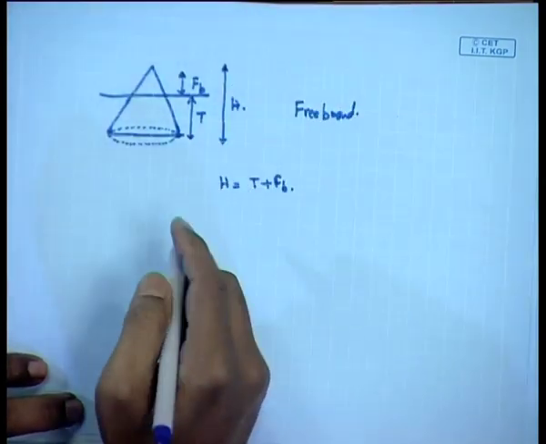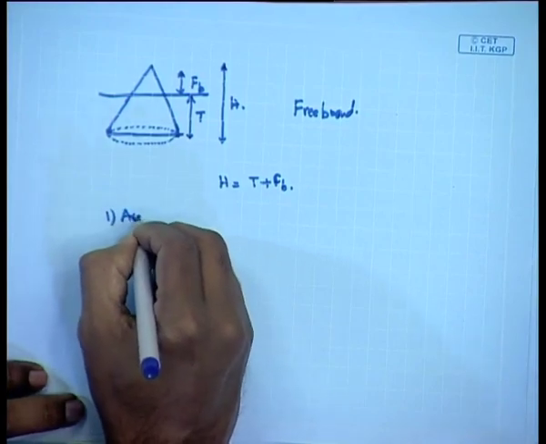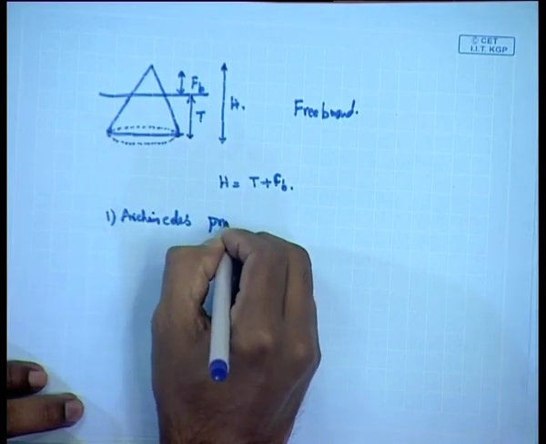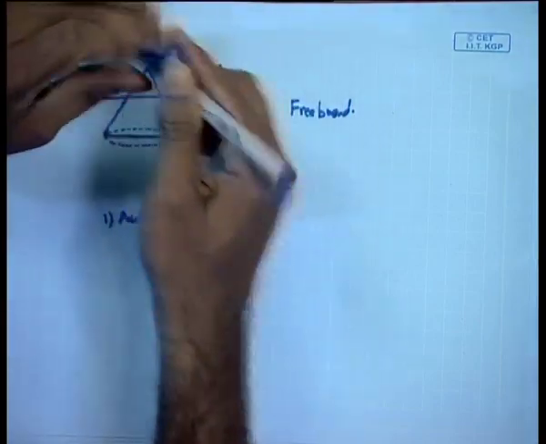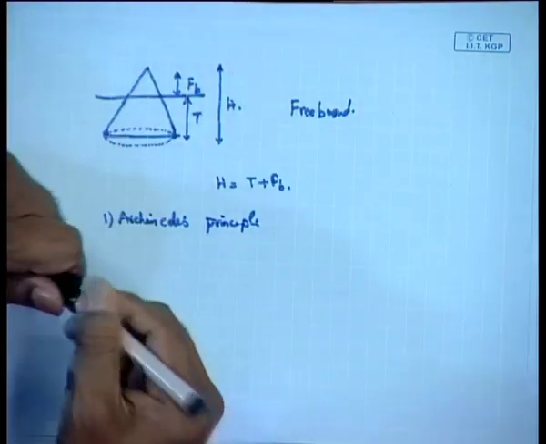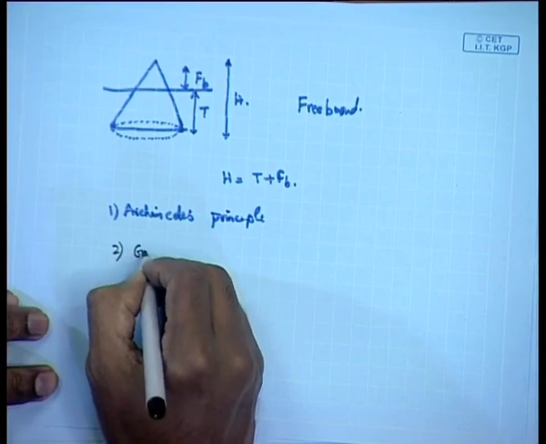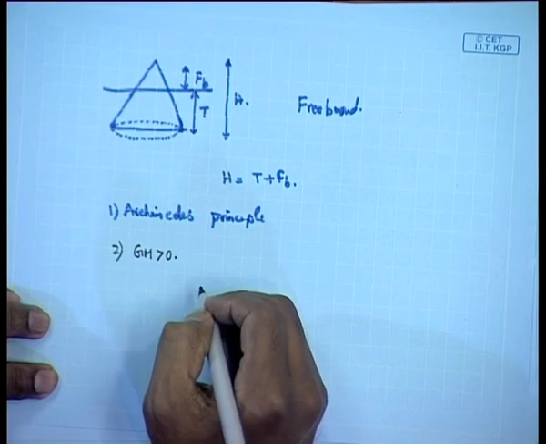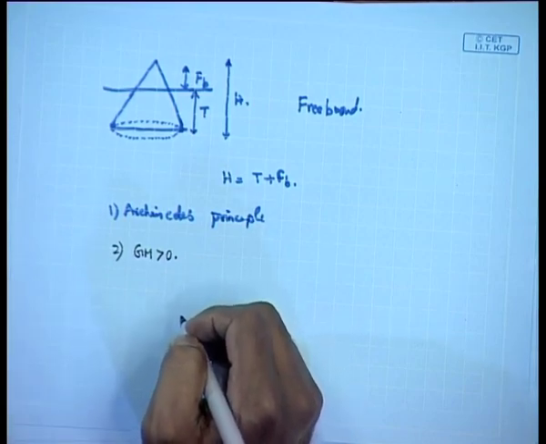What we have to do is solve for one, the Archimedes principle, and two, we need to solve for GM greater than 0. We usually put GM equal to 0, and then GM greater than 0 gives you the condition for stability.